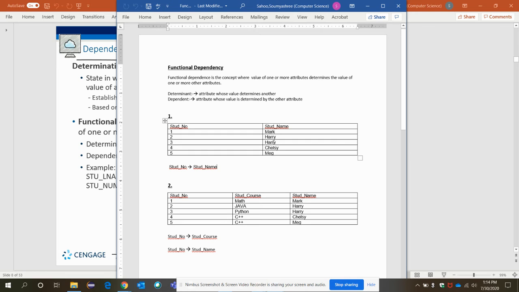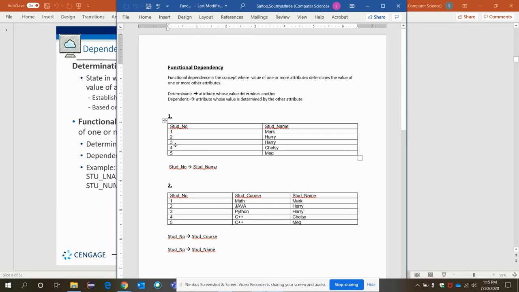If someone asks you to provide the student number of the student whose name is Harry, what will be your answer? Harry is repeated two times, so are you going to answer 2 or 3?